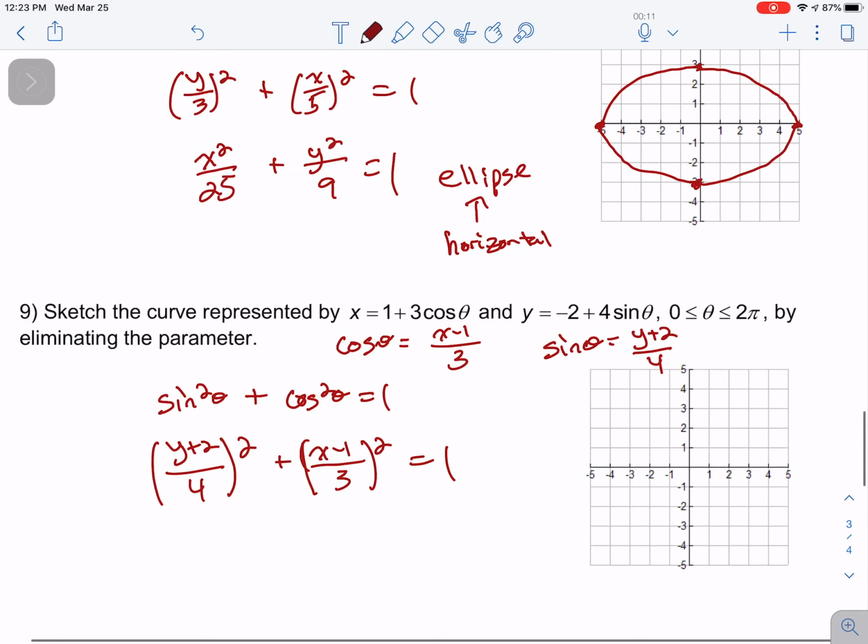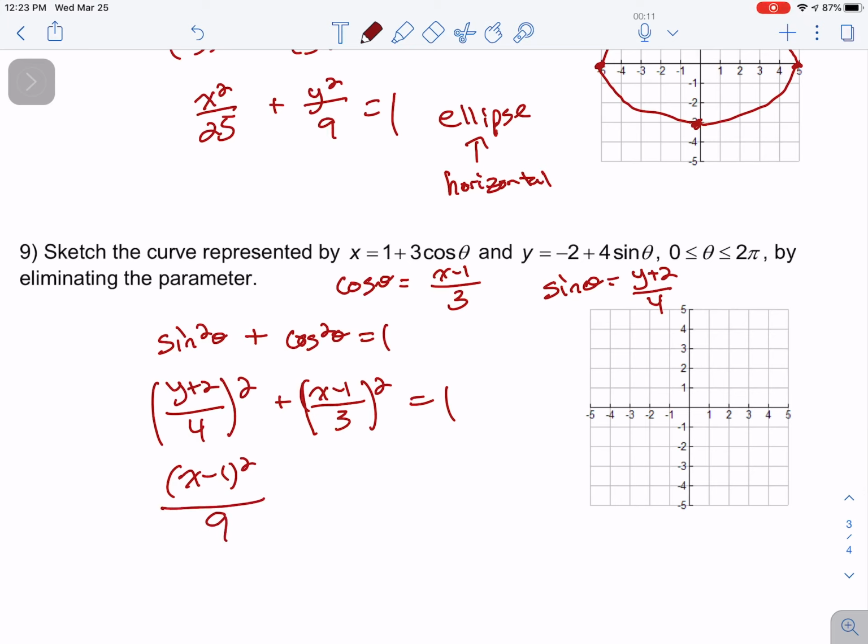A little bit of rearranging here. We're going to get x minus 1 squared all over 9 plus y plus 2 squared all over 16 equals 1, which is an ellipse.